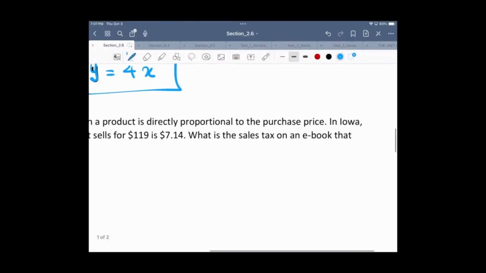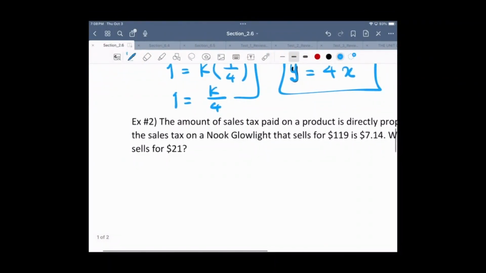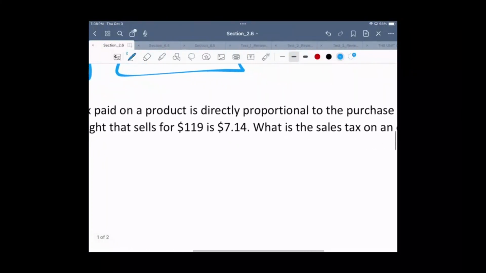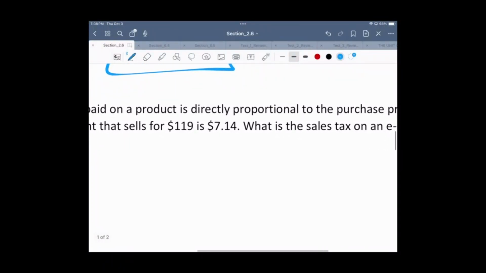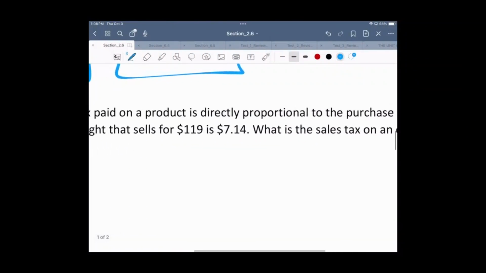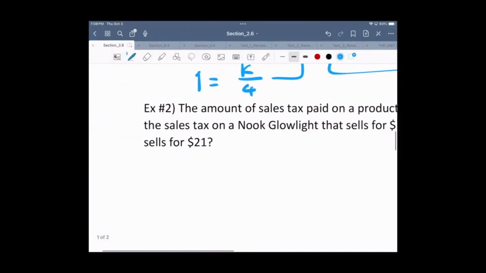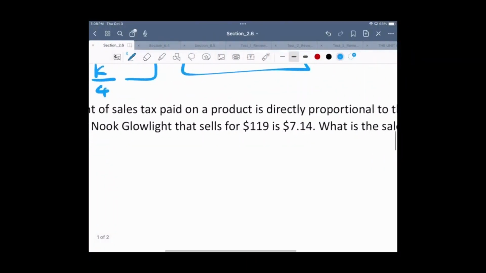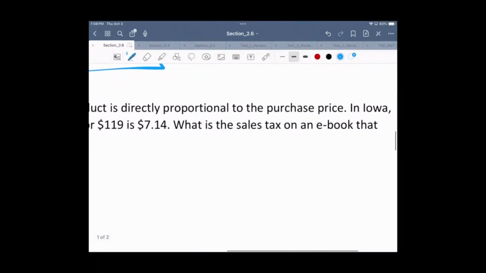Okay, it says in Iowa, the sales tax on a Nook glow light that sells for $119 is $7.14. What is the sales tax on an ebook that sells for $21? And of course, the assumption is that the ebook is being sold. We're looking to solve this in the state of Iowa.